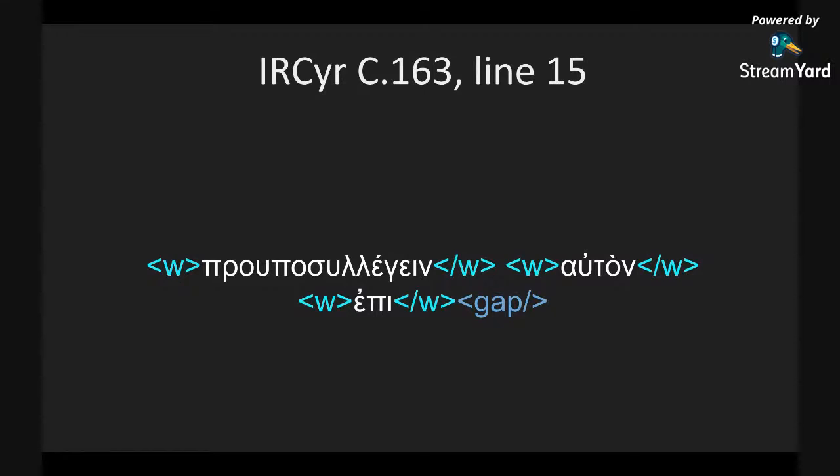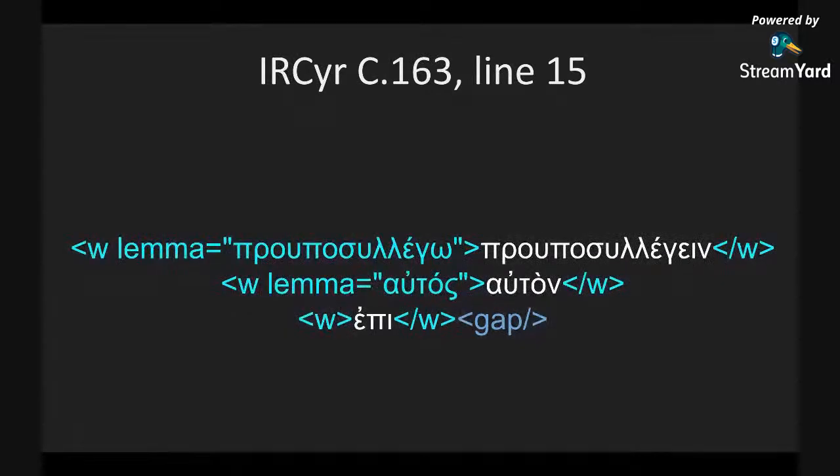But imagine that the gap says reason lost, extent unknown, unit character, and any other things that gap might have encoded on it. However, we do want to make clear that epi here is not the preposition epi, but is an incomplete word. That's clear to any philologist looking at this, because there's no accent mark on there, but to a computer, that's not necessarily clear.